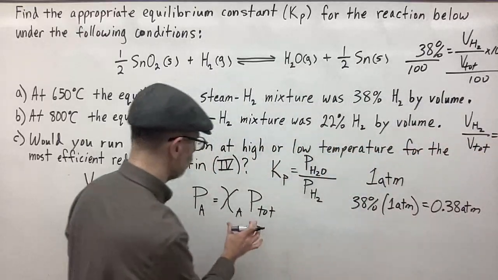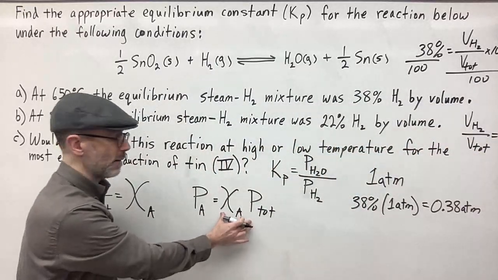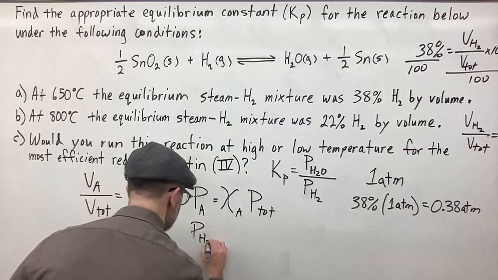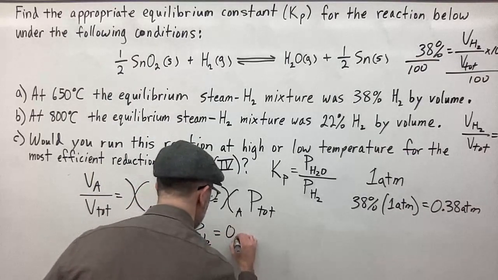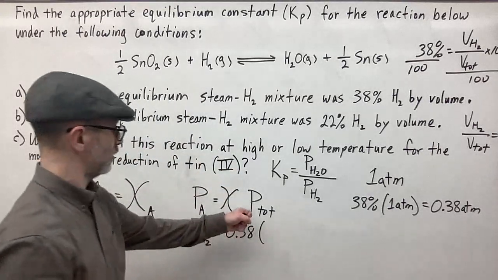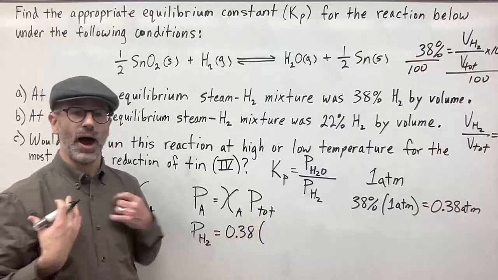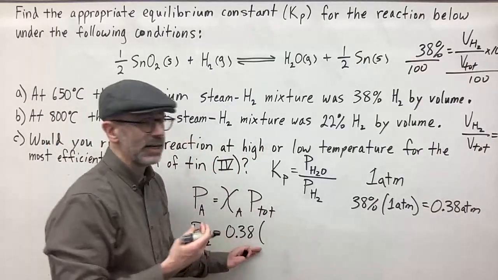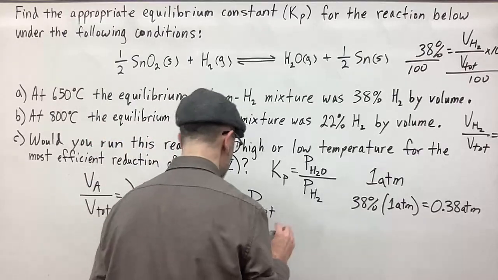So now I can plug that in for my mole fraction, right? So here, the pressure of H2 is going to be equal to 0.38 multiplied by the total pressure, which I am just going to assume is 1 atmosphere to make my life easier. I could assume 100 atmospheres, it doesn't matter.